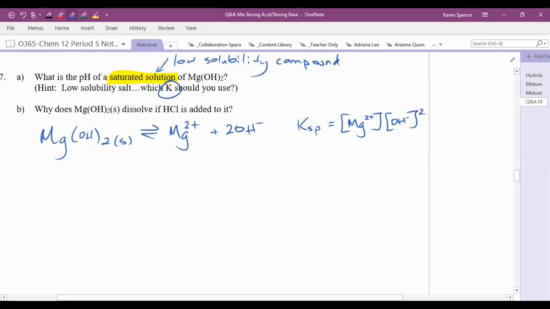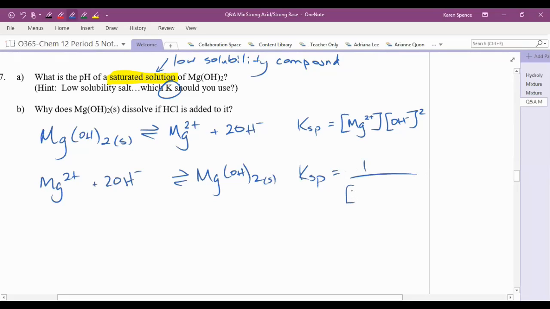Okay, don't write this next part down. If we were to have put the solid on the right, then our Ksp would be 1 over the concentration of magnesium times the concentration of hydroxide. And that's just ugly.